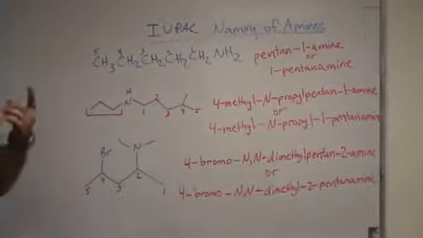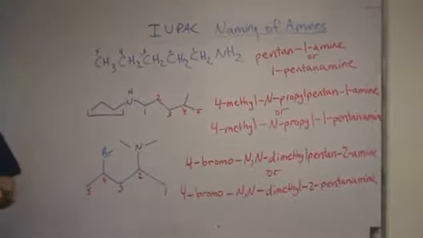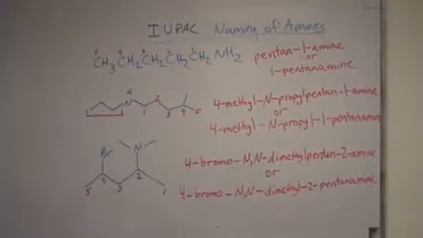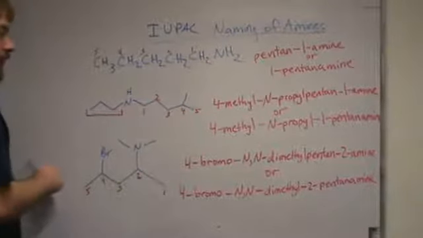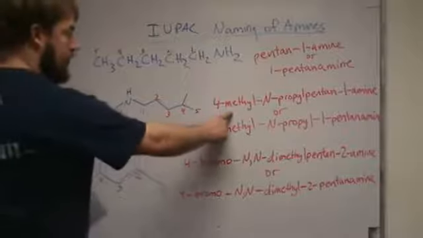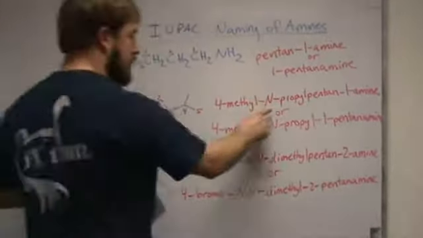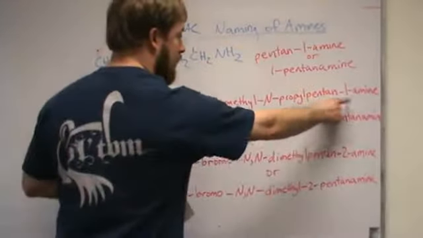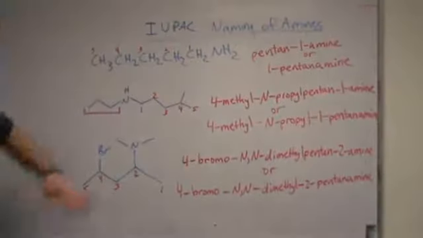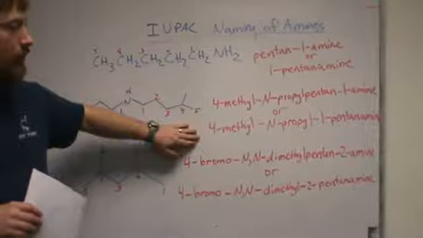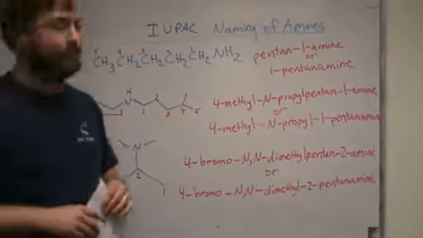Does not matter if it's got a number, if it's got an N, you use alphabetical order to place the substituents. So methyl comes before propyl. So 4-methyl, N indicating that this propyl group is attached to the nitrogen, N-propyl pentan-1-amine, or 4-methyl-N-propyl-1-pentanamine.